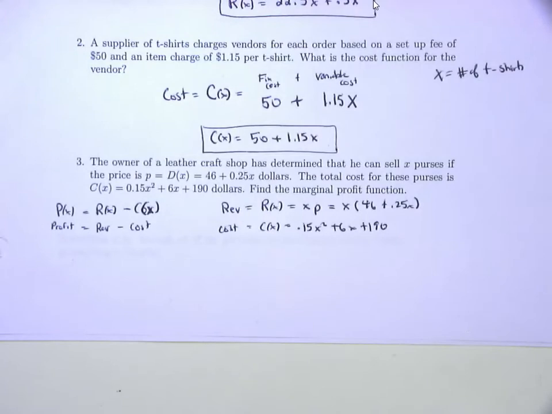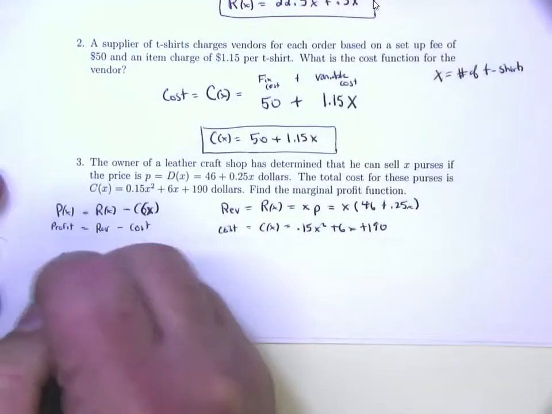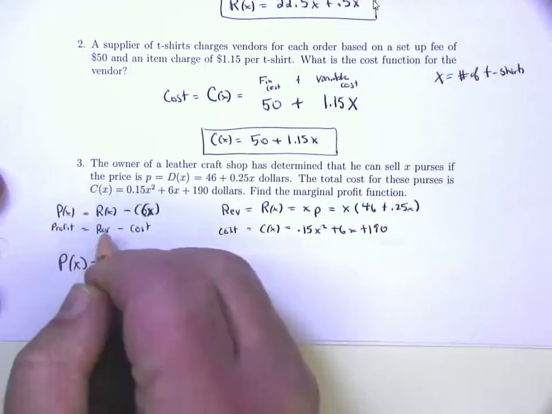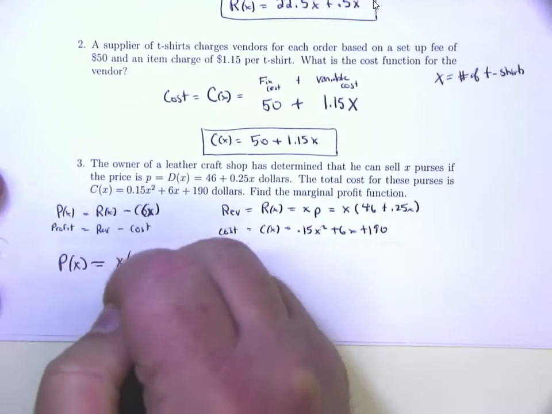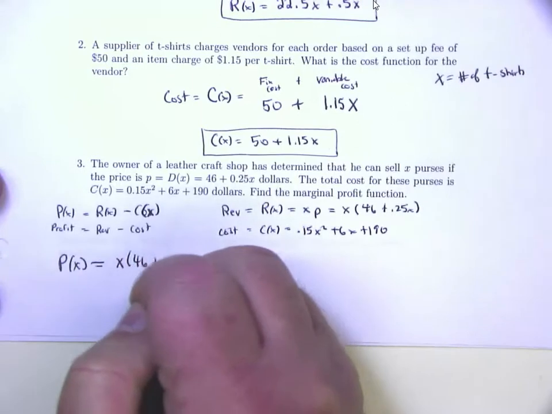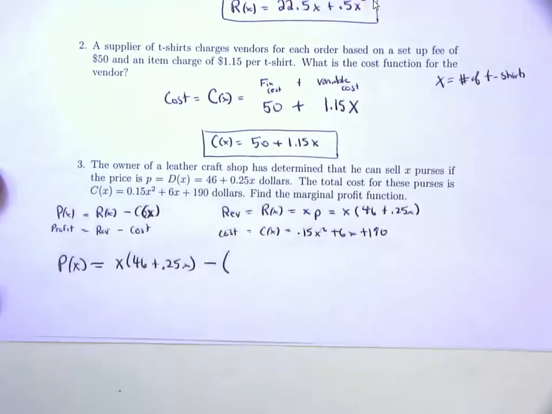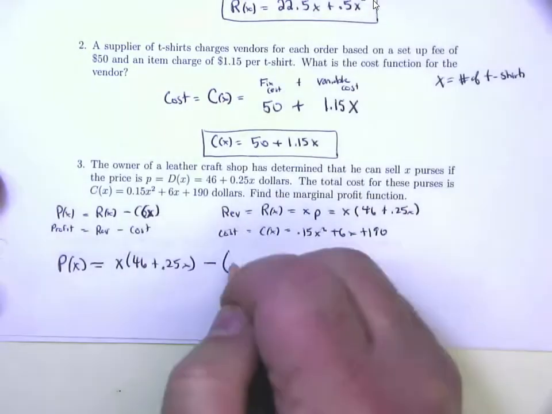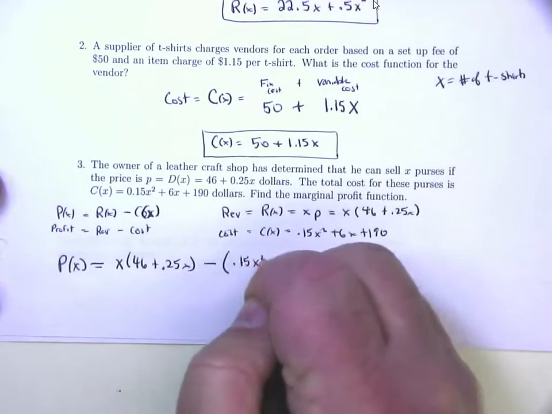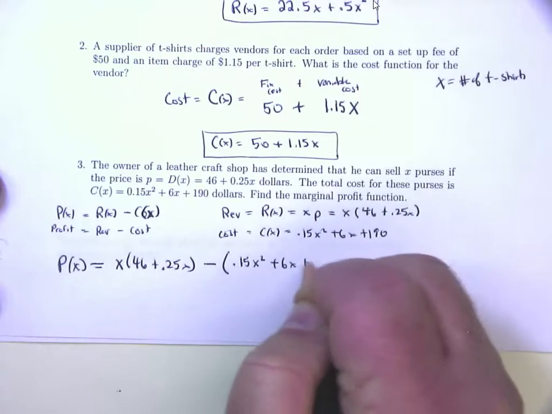So to get what I'm after, my profit equation will be equal to the revenue equation, which is X times 46 plus 0.25X, minus, with parentheses around anything you subtract, your cost equation: 0.15X squared plus 6X plus 190.